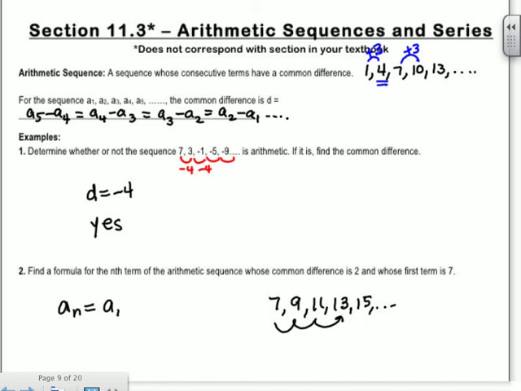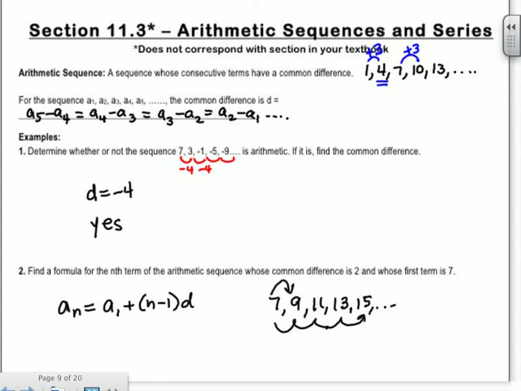So if I'm trying to get to the 5th term, I add 4 swoops. So if I'm trying to get to the nth term, how many swoops do I add? N minus 1, right? You're adding n minus 1 of them. Why n minus 1?